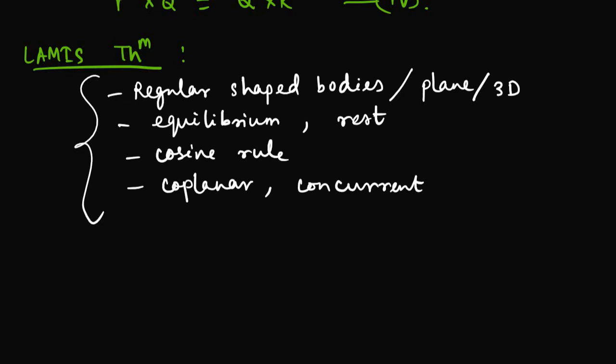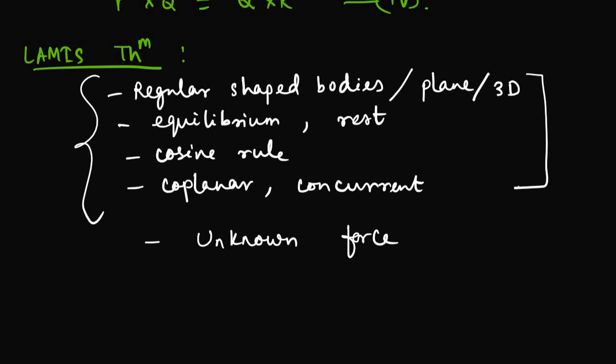Regular shaped bodies, plane, 3D, equilibrium, all these are important. This is helpful for deriving unknown forces which we cannot otherwise find. If all the conditions are satisfied, then we apply Lami's theorem to find the unknown force, if any. So how to do that?